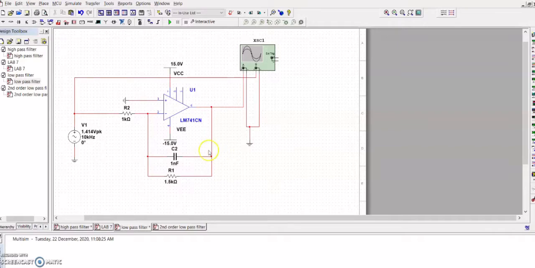First, to design the low pass filter, the circuit is constructed as below, as here, and we connect the oscilloscope across the Vout and at the AC voltage here.